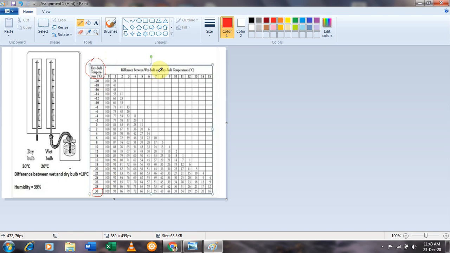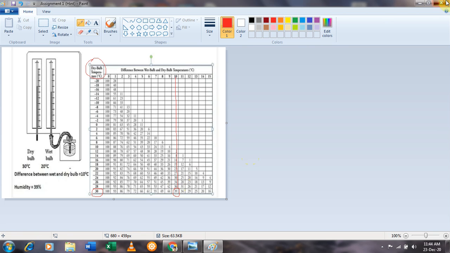Then for the difference I will consult from the 0 marking to 15. The difference is 10. I will keep it over here so that this line coincides with the 30, and at that position the reading noted is 39. So 39% is the relative humidity of that particular example.